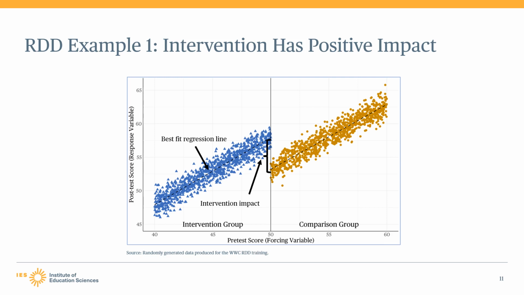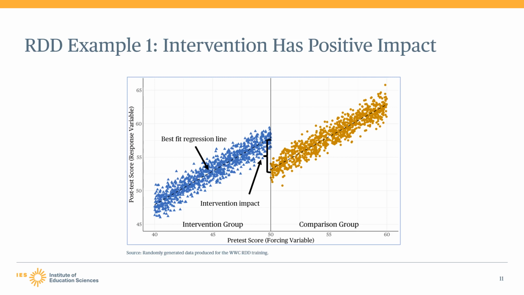For instance, in the graph shown here, if we use the two regression model specification approach, we might estimate a best fit regression line for the intervention group participants on the left side of the cutoff and a best fit regression line for the comparison group participants on the right side of the cutoff.